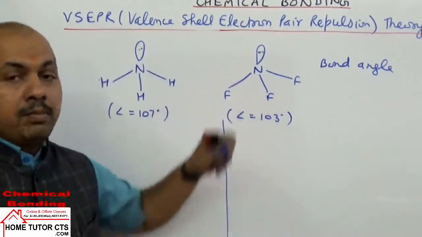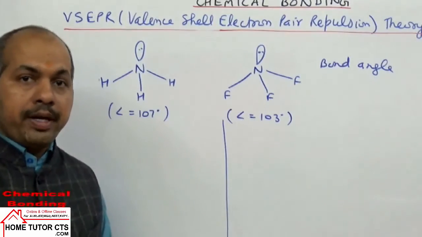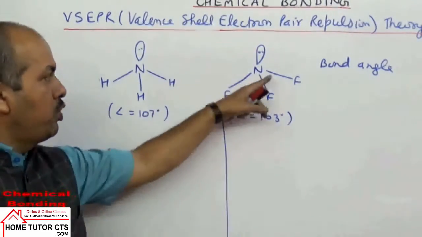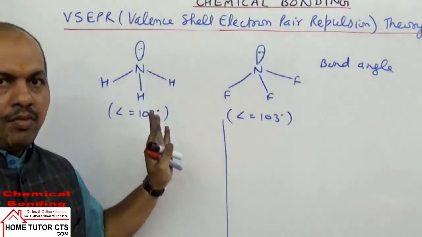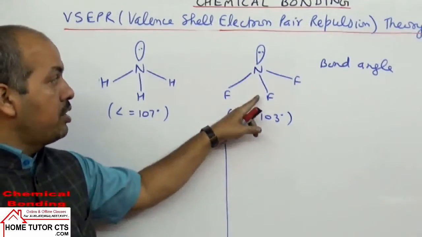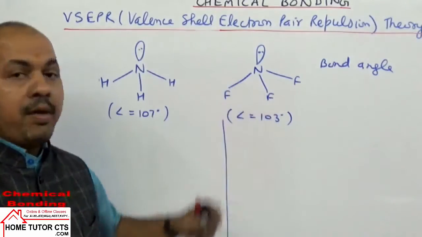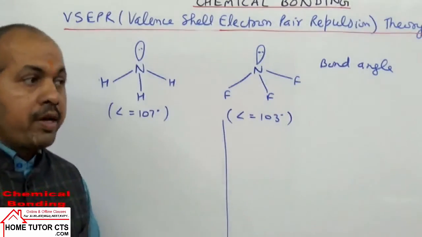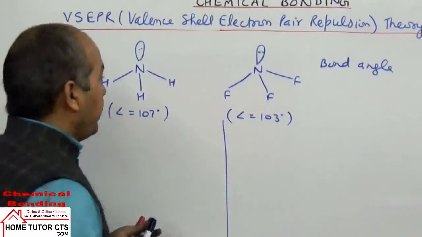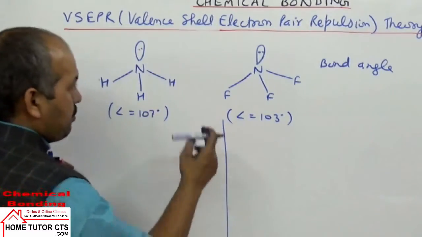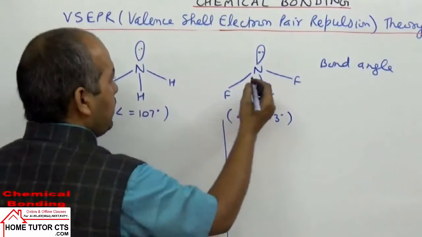See, in both cases the central atom has 1 lone pair. So the repulsion of the lone pair and bond pair will not matter much for us. What will matter more in this question are the bond pair repulsions. NF3 has a bond angle less than ammonia.